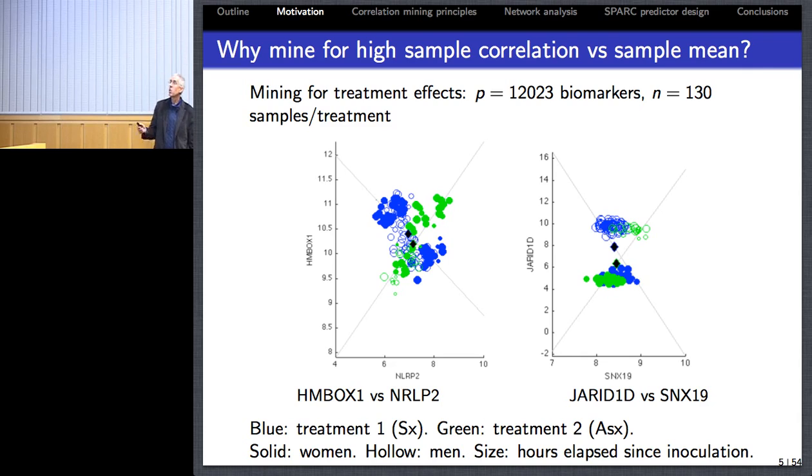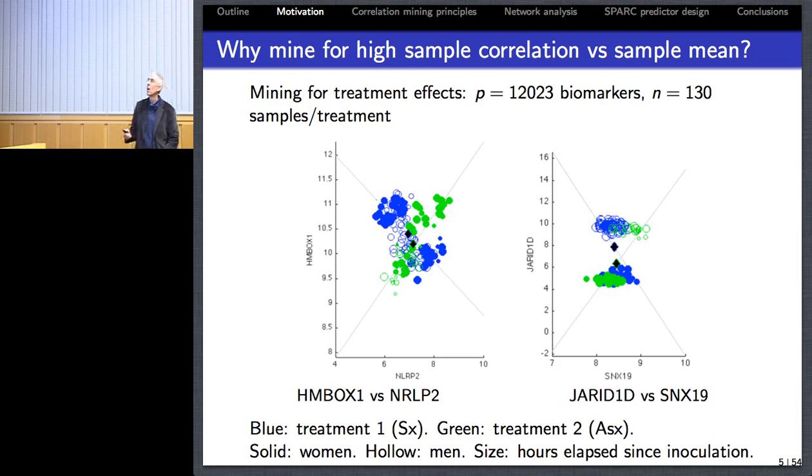Now this is another example where we get a similar type of conclusion, where correlation is actually serving as a proxy for picking out changes in treatment due to an average change. So we have two clusters here. These are males, these are females. And this is a Y chromosome gene that separates them.